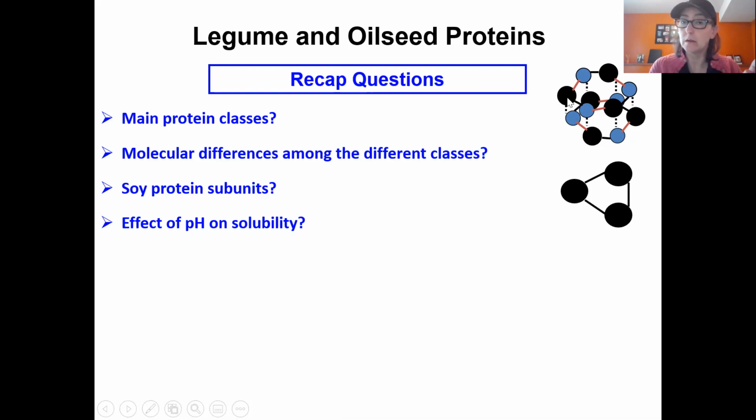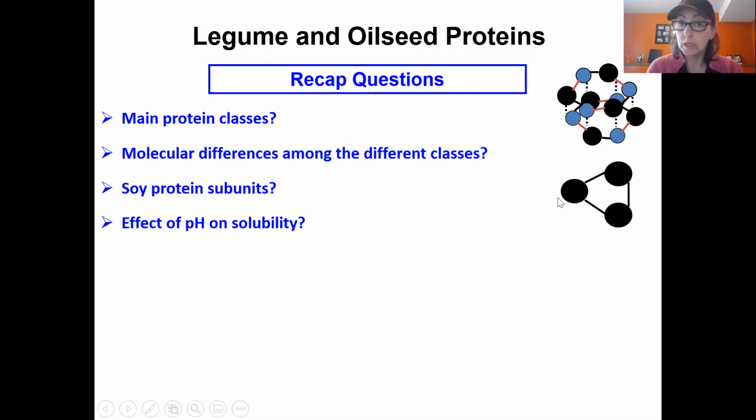The acidic are the black spheres and the basic are the blue spheres, and they are associated via disulfide linkages. The blue sphere, the basic subunit, is of lower molecular weight than the acidic subunit. And the monomers in a trimer are linked by hydrophobic interactions.